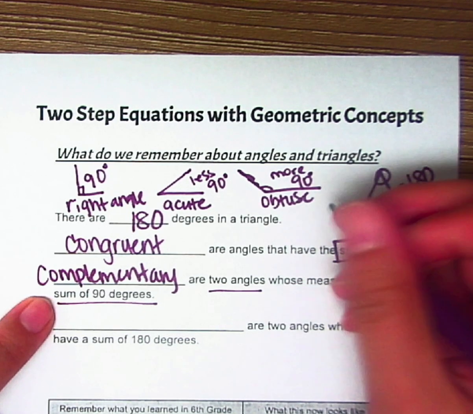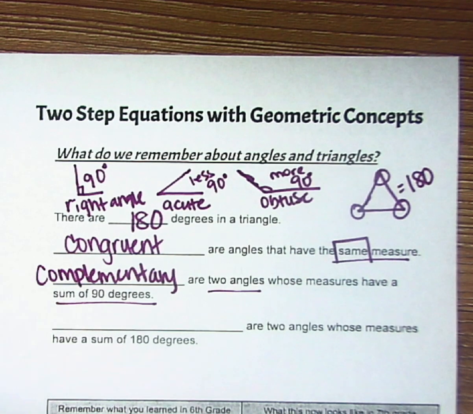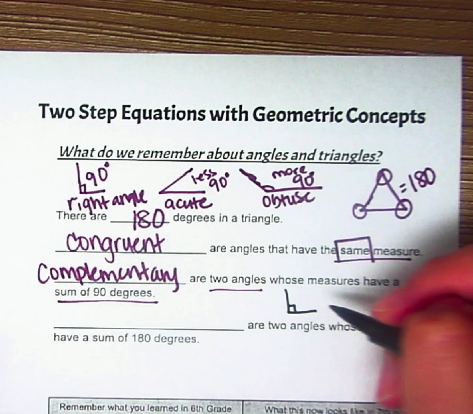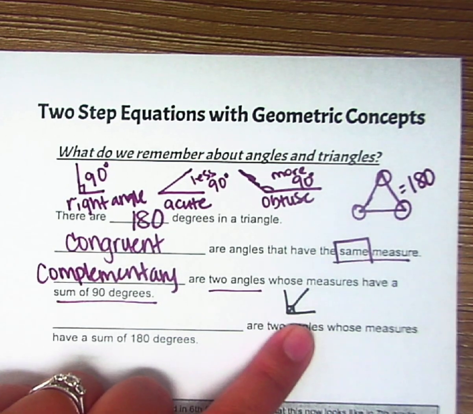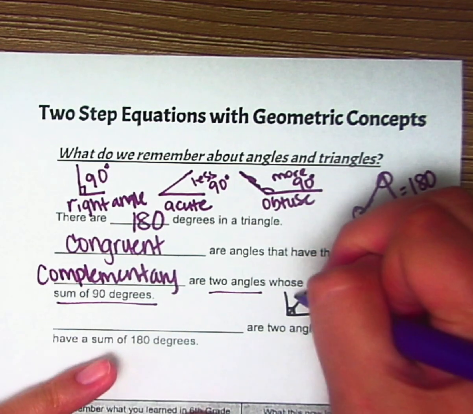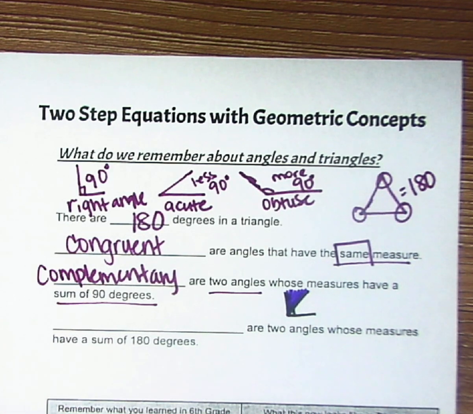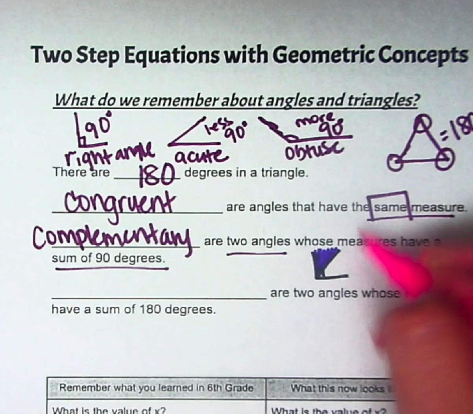For my visual people, let me draw that for you. So I know a right angle is equal to 90 degrees. We're going to draw a line. So we're talking about two angles here. I'm going to color my first angle so you can see it. And I'm going to color my second angle.